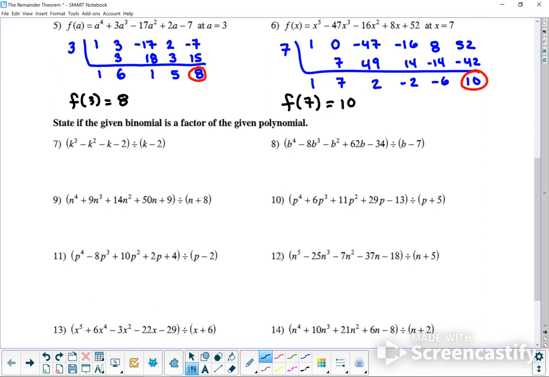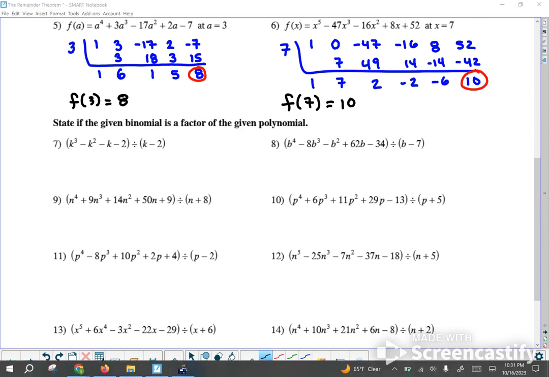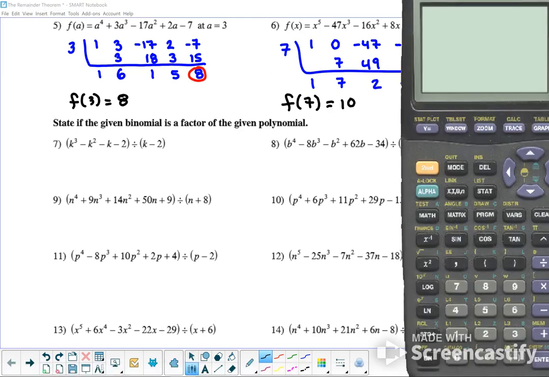And I'm going to just check that one, just for the heck of it. Okay, so we have 7 to the 5th power minus 47 times x, which is 7 to the 4th power.